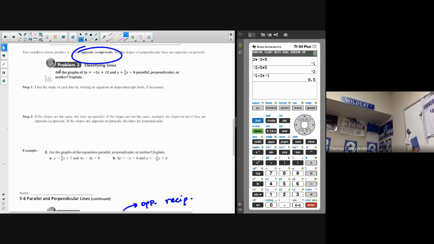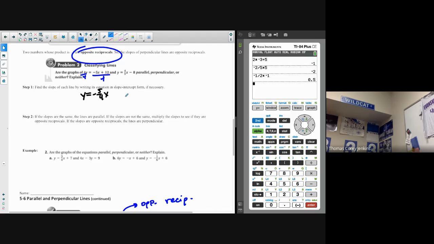So back to example 2, are these parallel, perpendicular, or neither? We can't really tell as is. What we'd want to do is solve for y there. So on this one, we're going to divide both sides by 4. That's going to give me y equals -5 over 4 x plus 3.